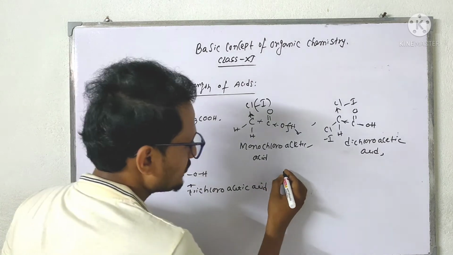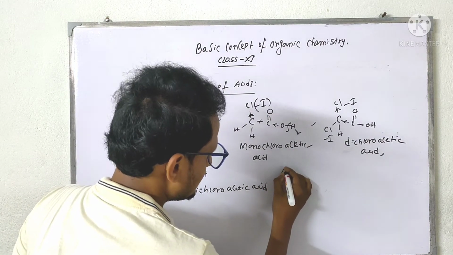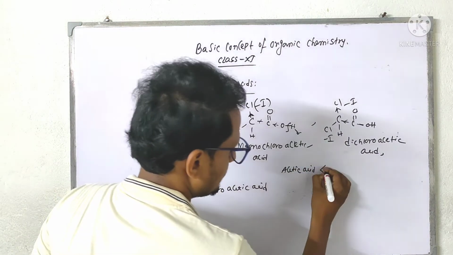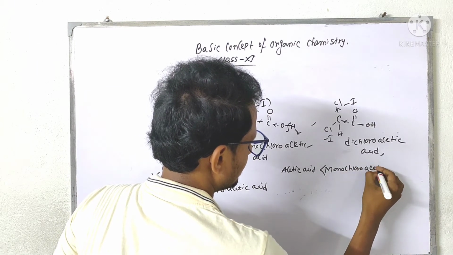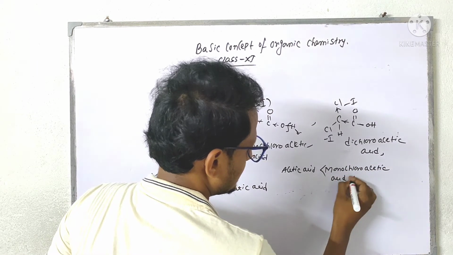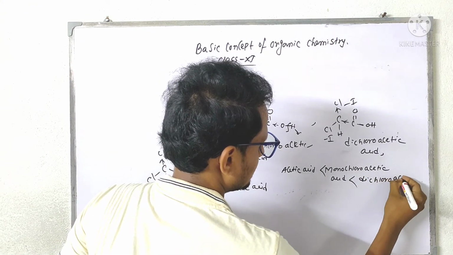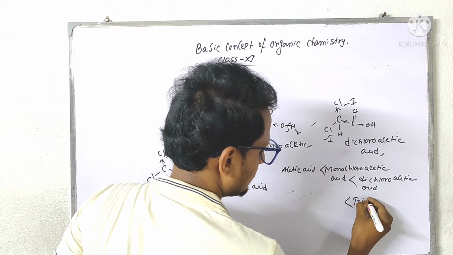Okay, so what we have learned, the order is acetic acid less than monochloroacetic acid less than dichloroacetic acid less than trichloroacetic acid.